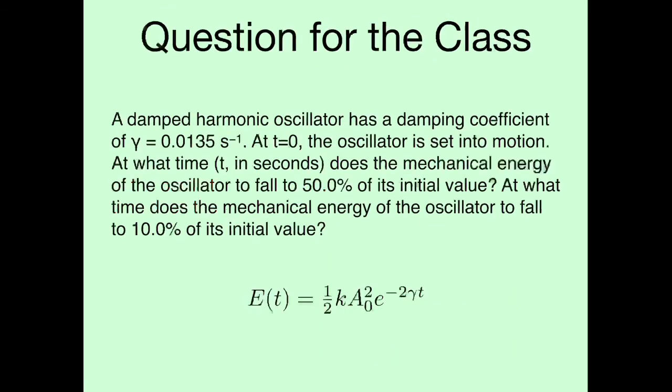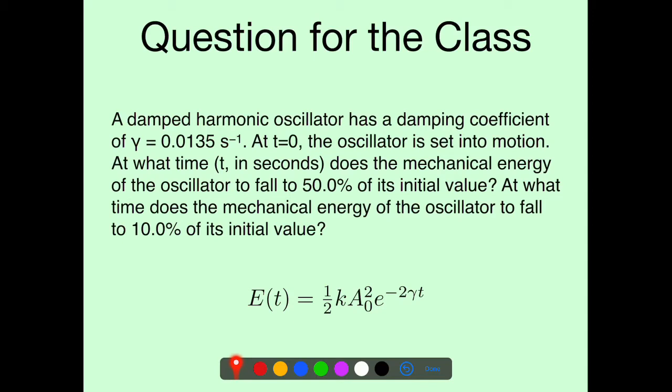So with this result in mind, let's do an example. Let's say we have a damped harmonic oscillator that has a damping coefficient of gamma equal to 0.0135 inverse seconds. Let's say that at t equals 0, the oscillator is set into motion.